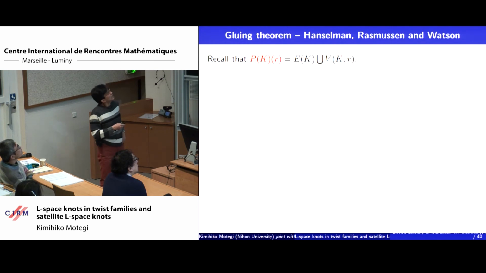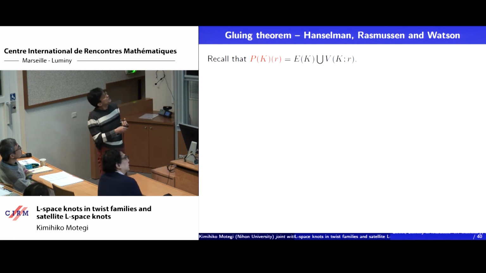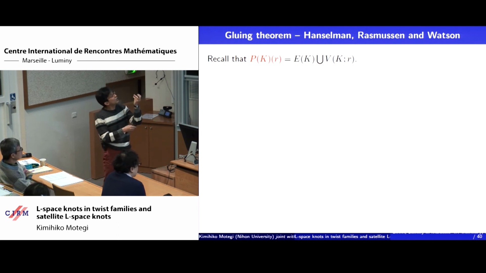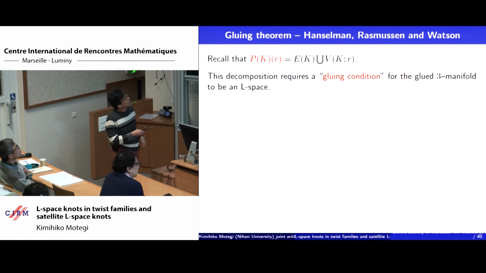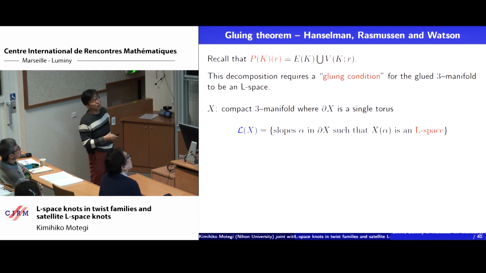So recall that if we perform r-surgery on the satellite knot, then the result P(K)(r) can be decomposed into the union of the exterior of the companion knot K and r-surgery on the solid torus along K. So this decomposition requires a gluing condition for the glued 3-manifold to be an L-space. So let me explain the gluing theorem due to Hanselman, Rasmussen, and Watson.